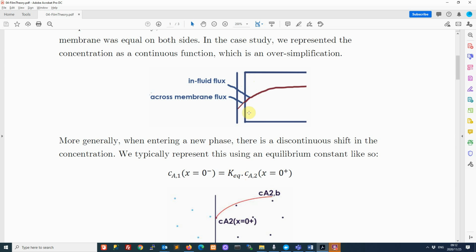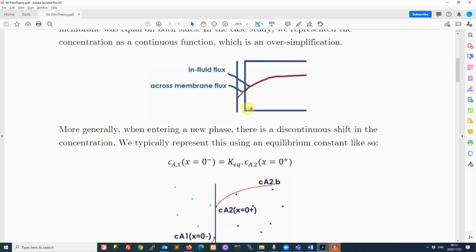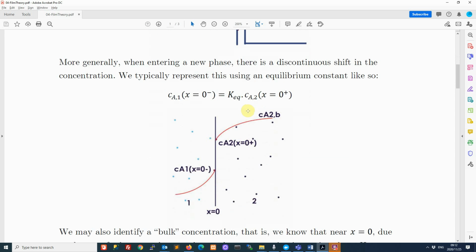So we make no assumptions about that, right? We can no longer assume that this is just a continuous variation here in component A. So instead, we modify our expectation and our understanding to say that across an interface where we have a difference in medium, there exists a discontinuous jump between the two concentrations, and we need to have an equilibrium constant to determine the one from the other.